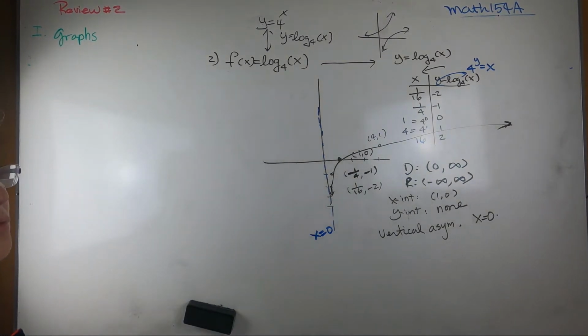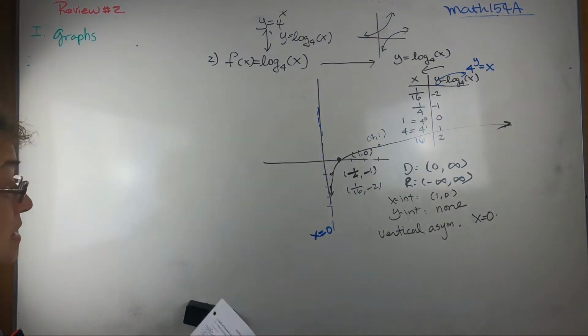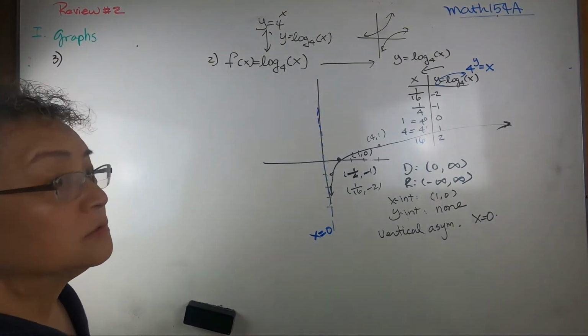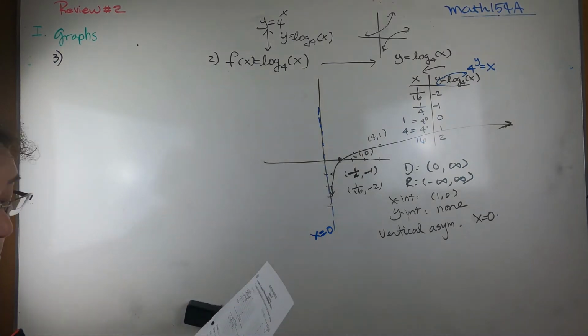Or you can look at the answer keys, which come with the package for all the notes and the reviews. Either way, but it's better if you can do it yourself at the same time, okay?